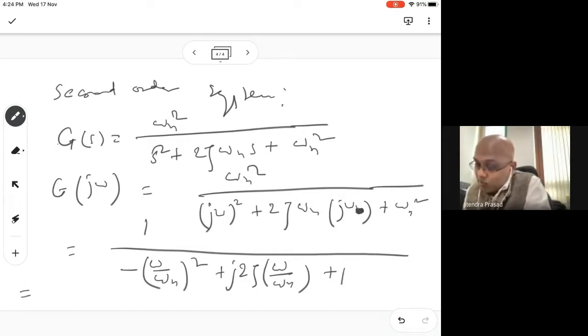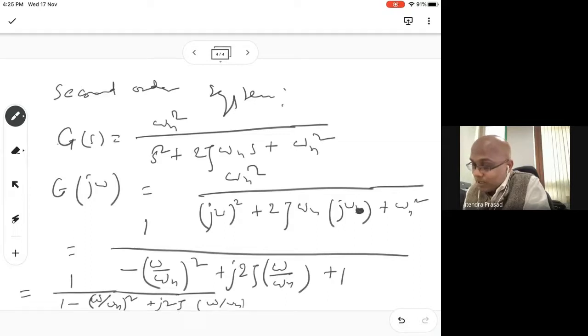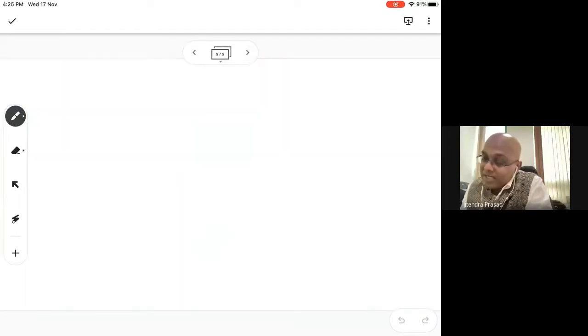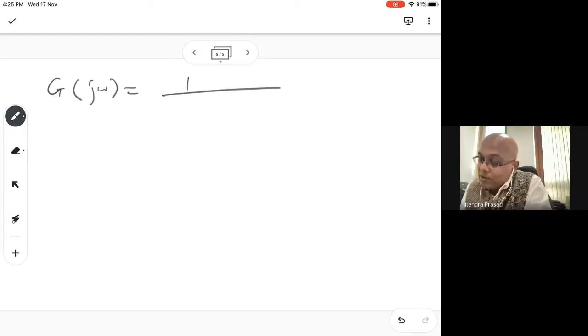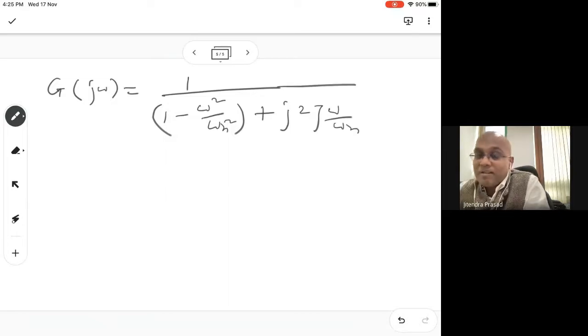So basically you get 1 over 1 minus (omega over omega n) square plus 2 j zeta omega over omega n. So the function that you have to plot now is 1 over 1 minus omega square over omega n square plus j 2 zeta omega over omega n.